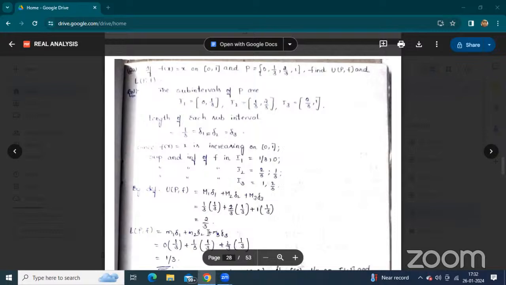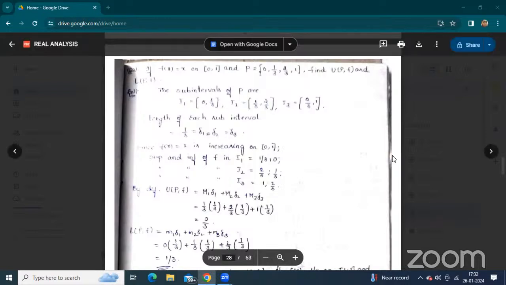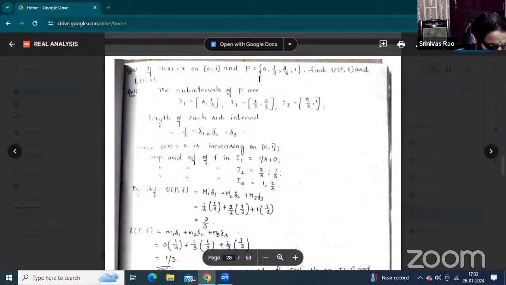Now, in between the interval points, we can divide it into 3 parts: 0 by 3 is 0, 1 by 3, 2 by 3, and 3 by 3 is 1. According to the interval, we can divide it into three subintervals, according to the partition set, and it depends upon the function.